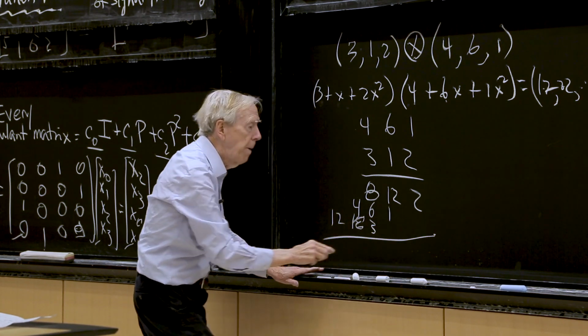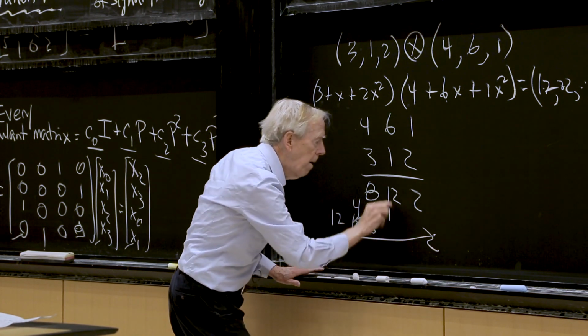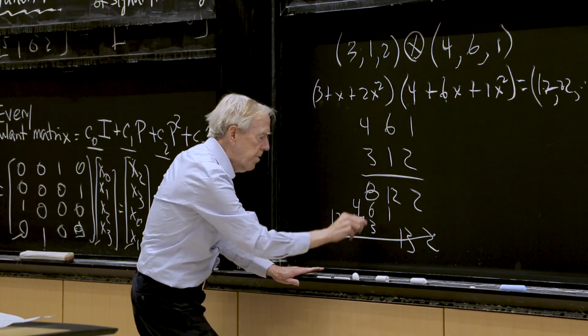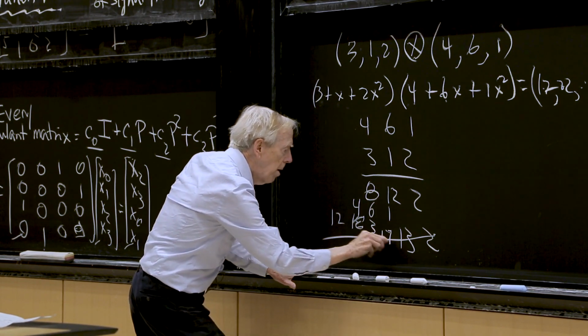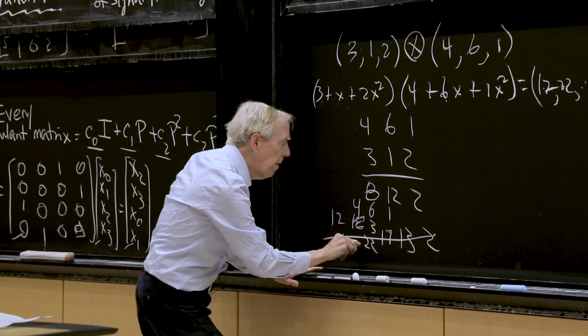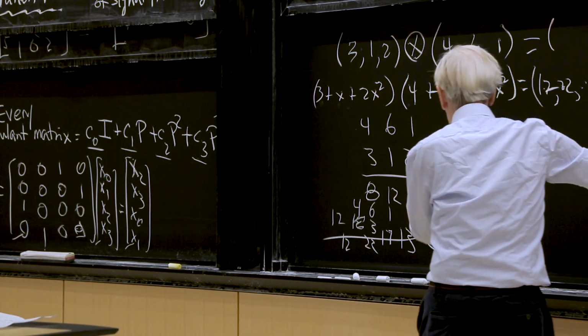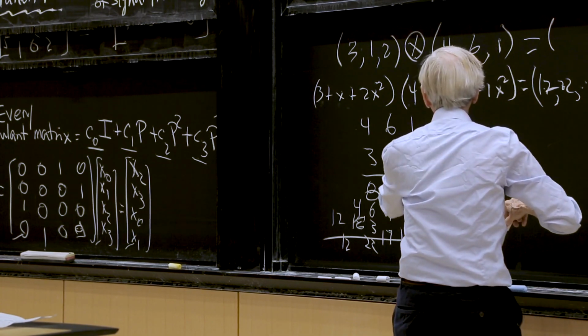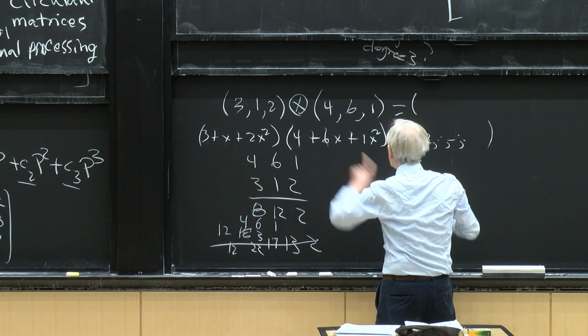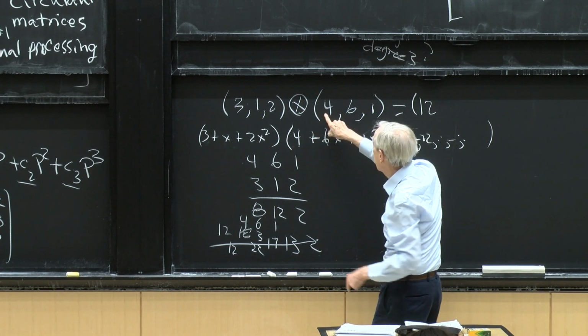Then you add up: 12, 22, 17, 13, and 2. So 3 times 4 gave 12.